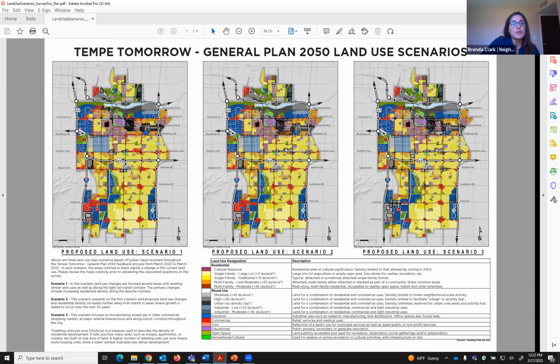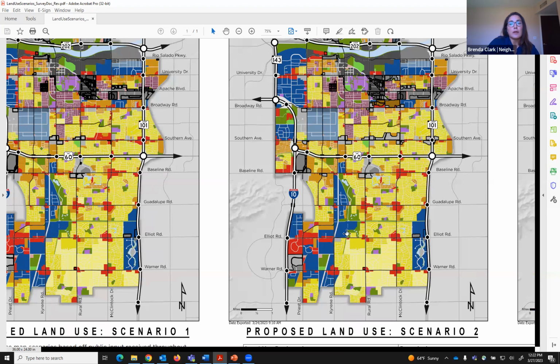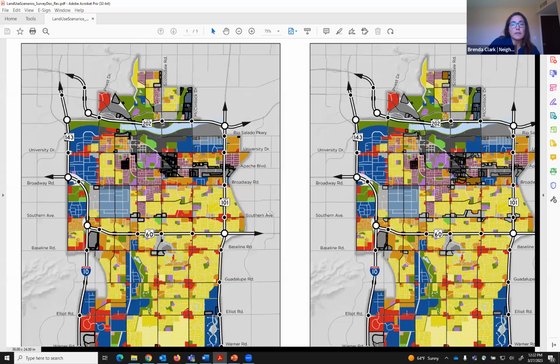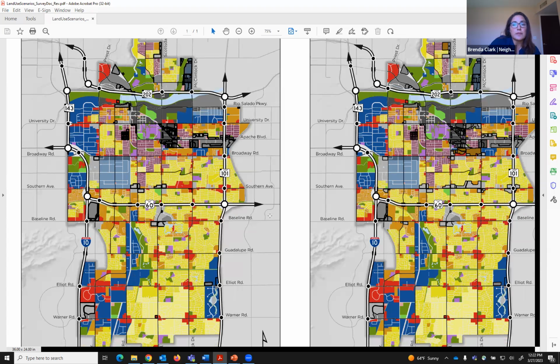Let's maybe zoom in, starting with scenario 1. Tim will be sending the PDF of this after the meeting. We have to make a small update. Thank you. That's a good question, though.